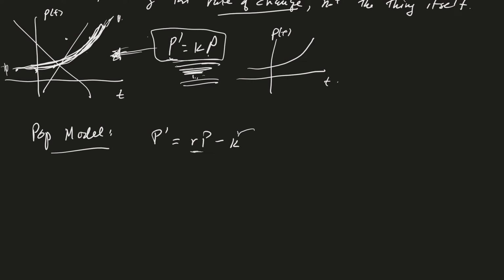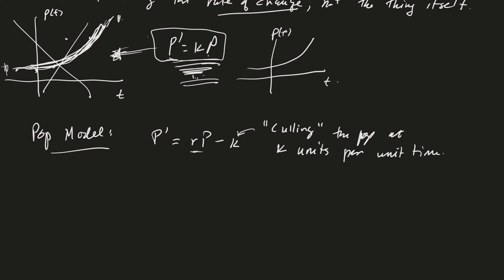So what does subtracting a constant mean to your population growth? Well, how do I want to say this? Culling the population at K units per unit time.